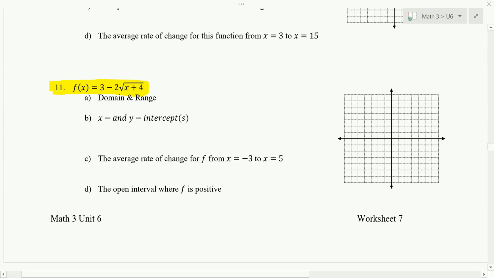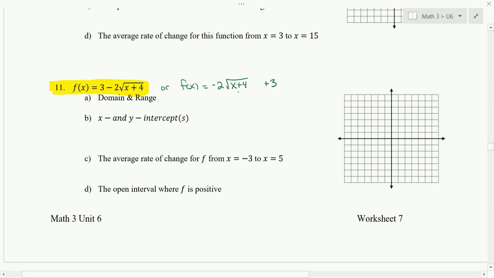Alright, number 11. We have f of x equals 3 minus 2 times the square root of x plus 4, which is the same as f of x is equal to negative 2 square root of x plus 4, plus 3. And so that 3 can be up front or at the end, but you want to see that translation.